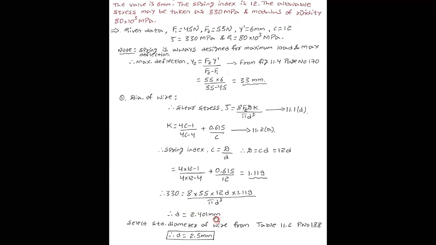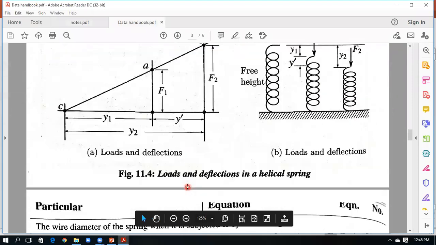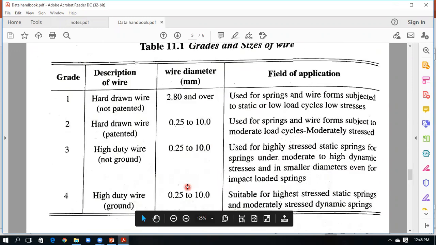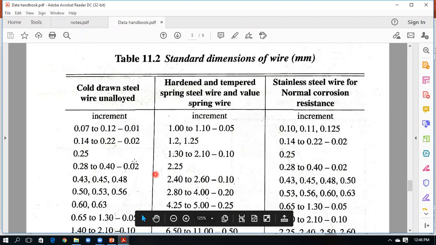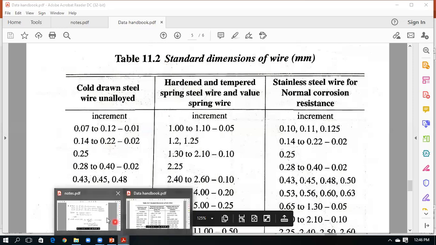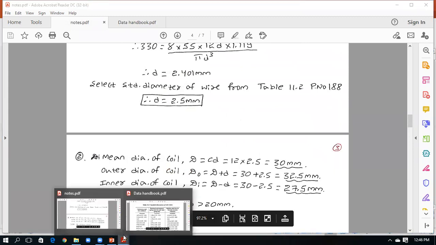But you have to select the standard diameter of the wire from table 11.2. From this table, standard dimensions of the wire, you can see how much we obtained: the diameter we obtained is 2.401.